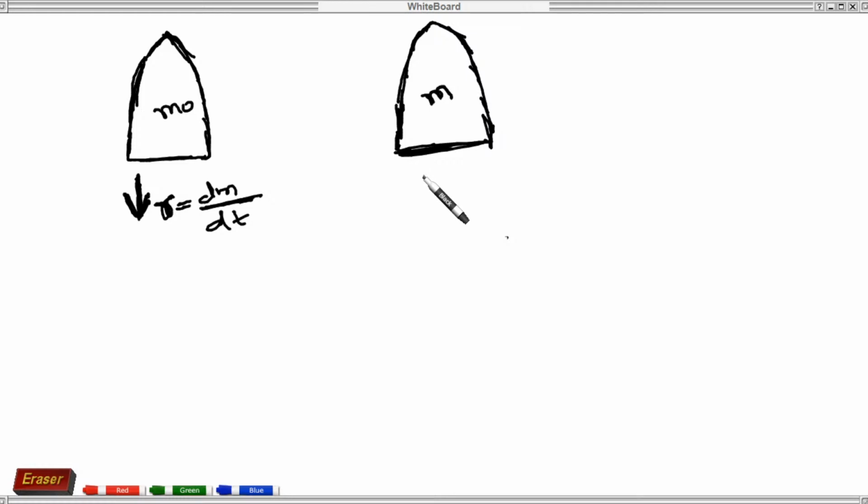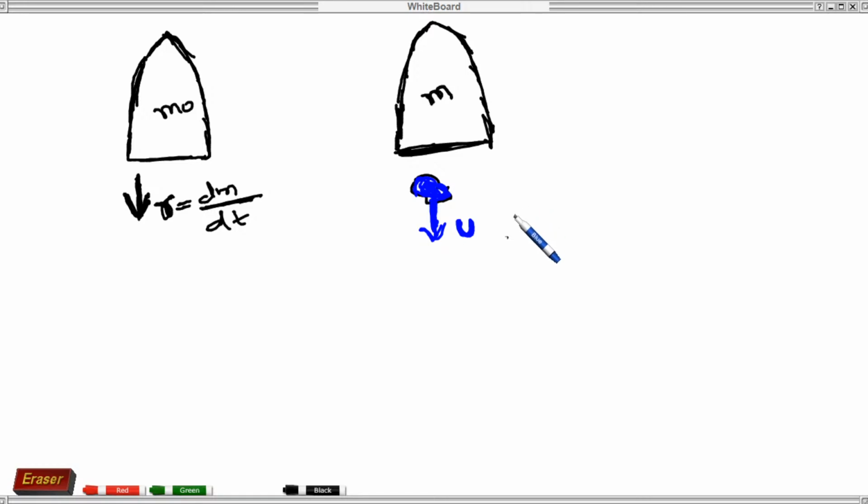And suppose this came out here with some velocity u.